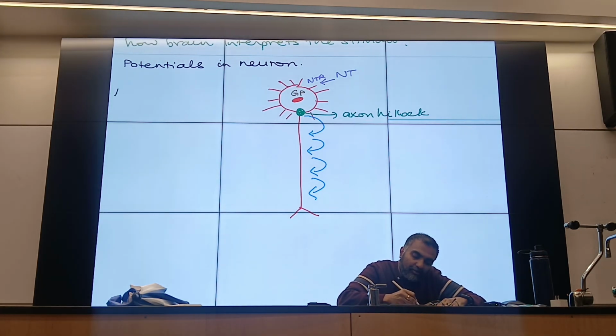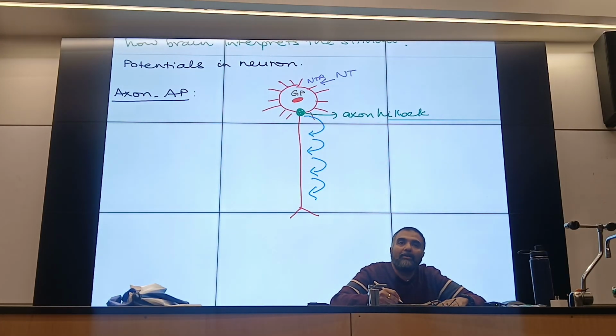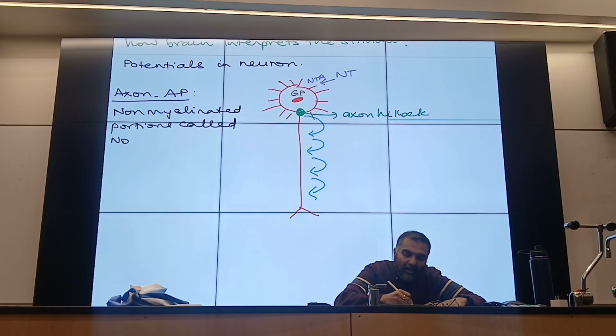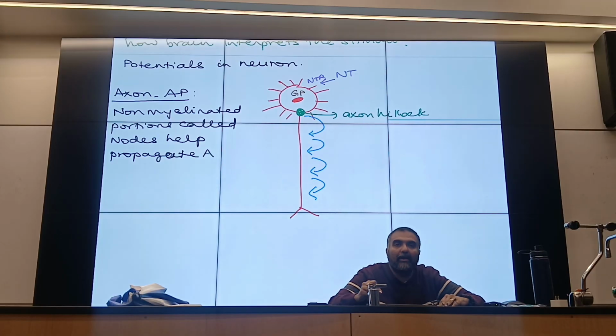So what happens to action potentials along the axon? Along the axon, you have non-myelinated portions called nodes that help propagate action potentials, and refractory periods make sure that this happens in a unidirectional fashion.